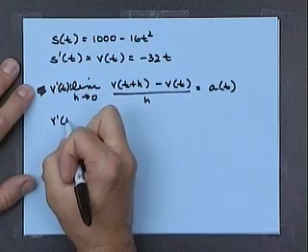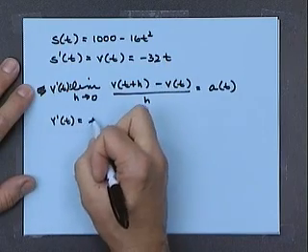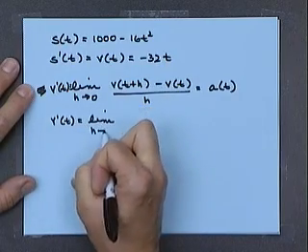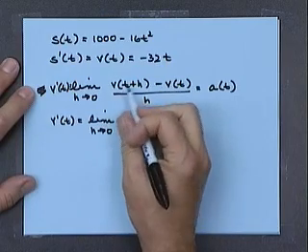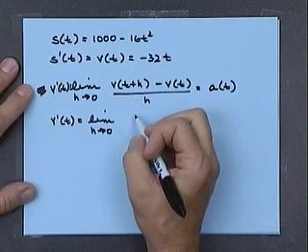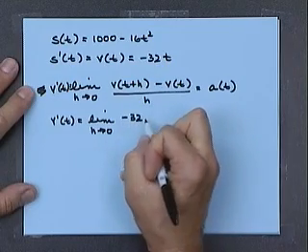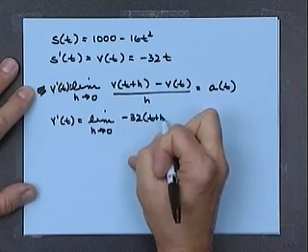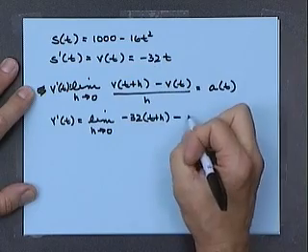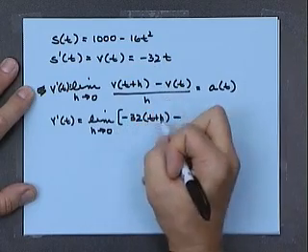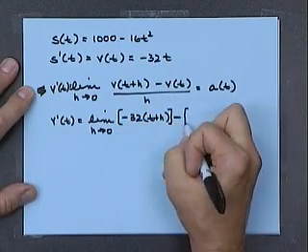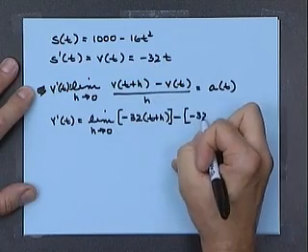So our v prime, sorry that's a little crowded there. The v of t plus h, this is a whole lot easier than the s of t plus h. Minus v of t.